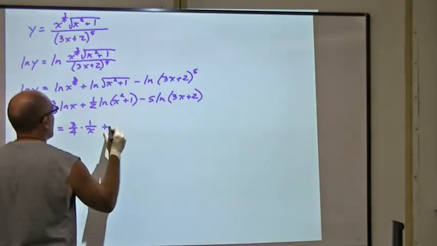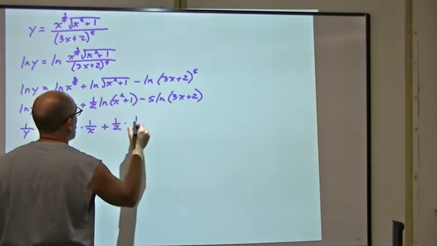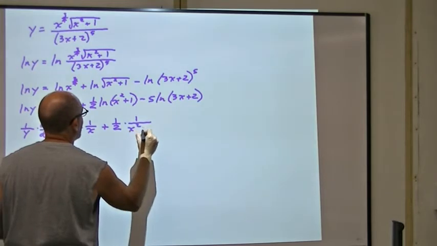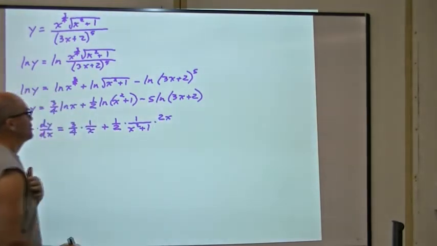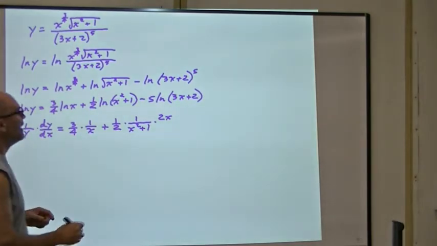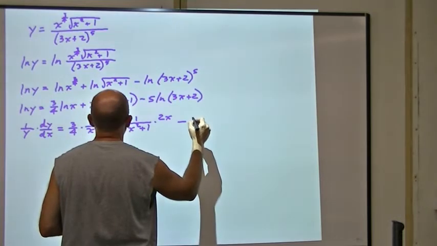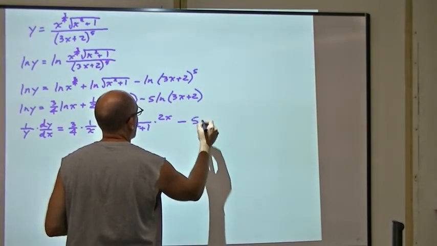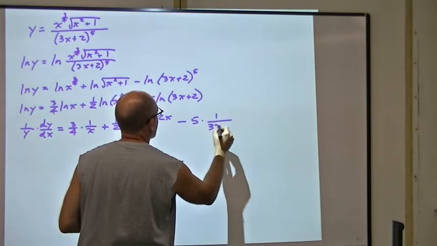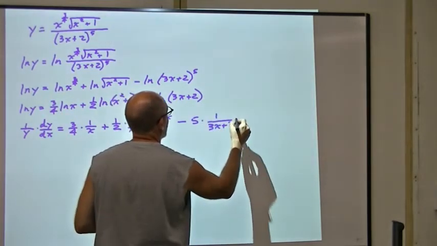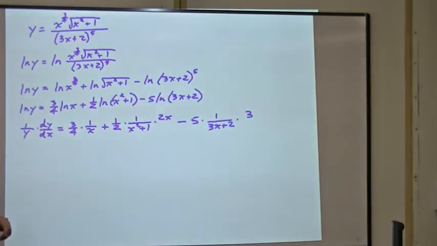Derivative of 1/2 natural log x squared plus 1 is going to be 1 over x squared plus 1 times the derivative of the inside. Chain rule, of course. Then minus 5 times 1 over 3x plus 2 times the derivative of the inside, which is 3.